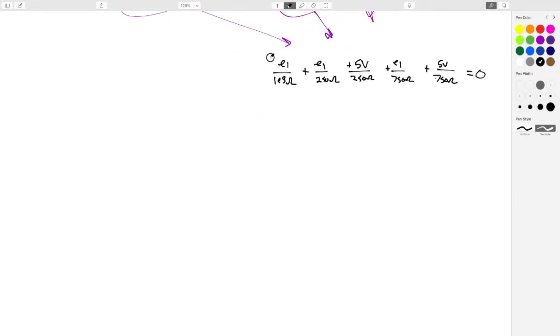Again, I'm going to multiply the whole thing by 3,000 just to clean up the denominator. So that's going to be 3E1 plus 12E1 plus 60 volts plus 4E1 plus 20 volts equals 0. Let's lump the E1s together.